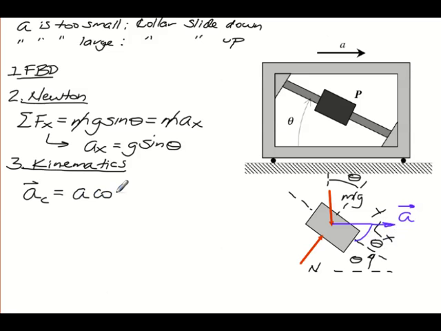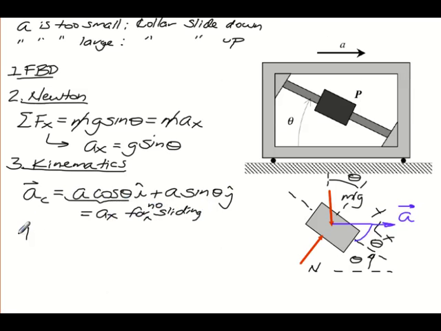So a cosine theta in the x, and a sine theta in the j. So what we impart to this cart, if it doesn't slide, this is equal to ax for no sliding. If it does slide, it's also going to have a vertical component, and then that would be a different equation.